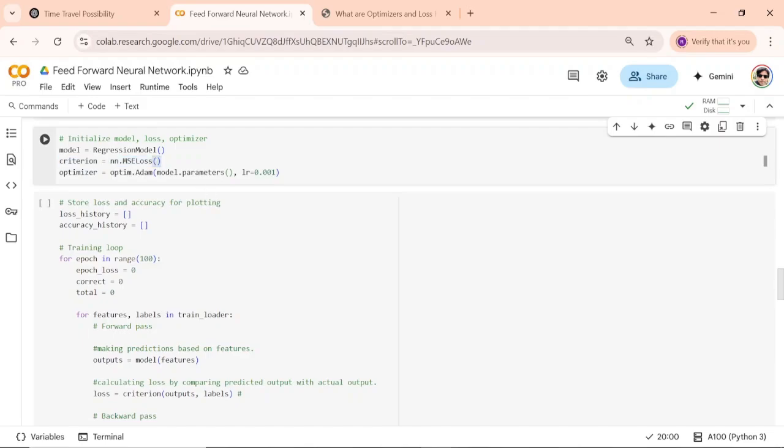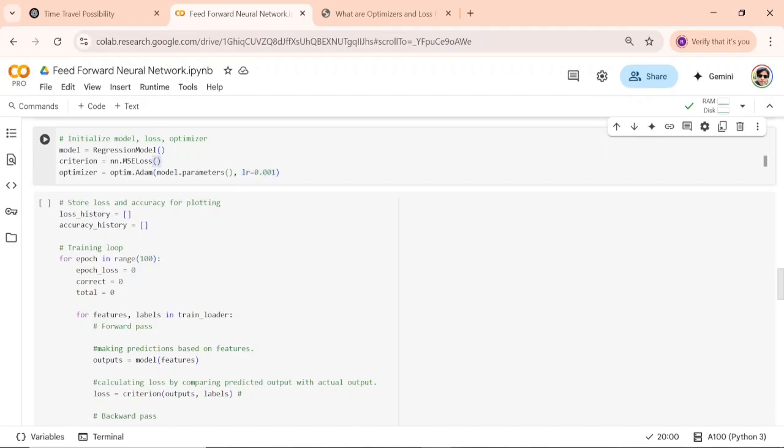The optimizer is another element which you use to optimize the neural network process, like updating the weights and calculating the gradients, which I'll explain later. And defining the learning rate. This is the learning rate based on which the model will be learning.